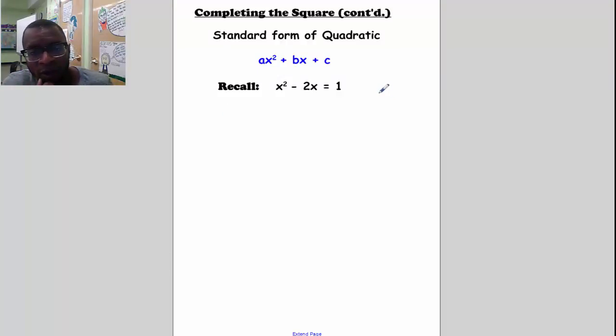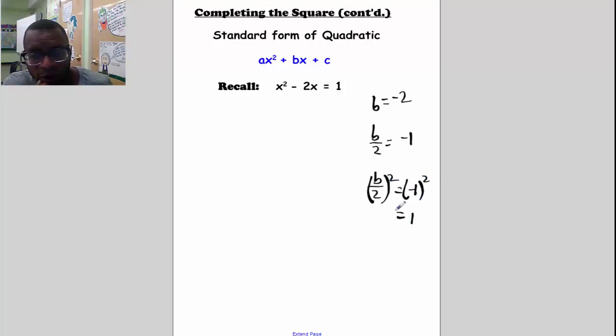We have the example x squared minus 2x equal to 1. Half of b is -1, and when I square -1, I get +1. So the value of c that we need is +1.